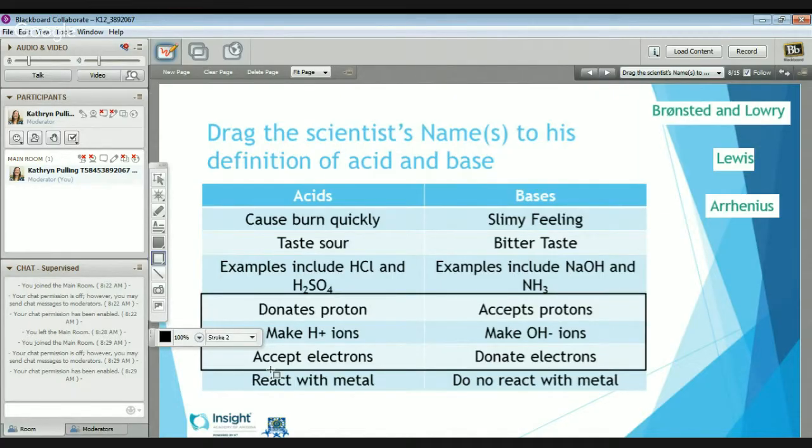You need to rewind a little bit, but make sure you can also, if we say hydrochloric acid donates a proton, identify who would have made that comment. You should be able to identify the description of the acid and the base by the name of the person who described them that way. So again, go ahead and pause the video and see if you can correctly match up these three names. And then you can start it back up and I'll show you which should be correct.